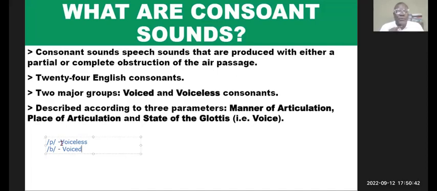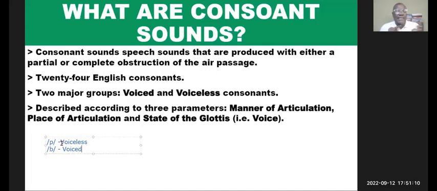Now, while your finger is on your Adam's apple, produce the sound P. P. Notice the movement of the Adam's apple, that lump on your throat. Now, produce the sound B and notice the difference.